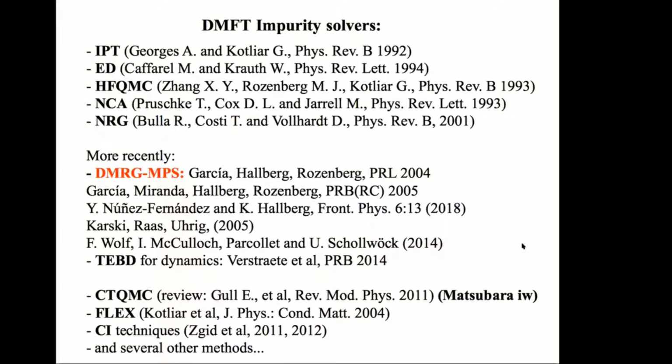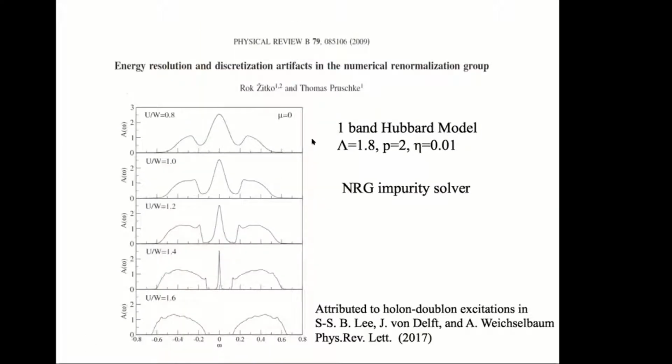So let me give you some examples. This is a solution of the one-band Hubbard model, obtained several years ago using the numerical renormalization group, at half filling. Here we have the typical three-peak structure for this model in the half-filled case, and the metal-to-insulator transition: the lower Hubbard band, the upper Hubbard band, and the coherent quasiparticle peak at the Fermi energy, omega equal to 0. This will always be the Fermi energy.